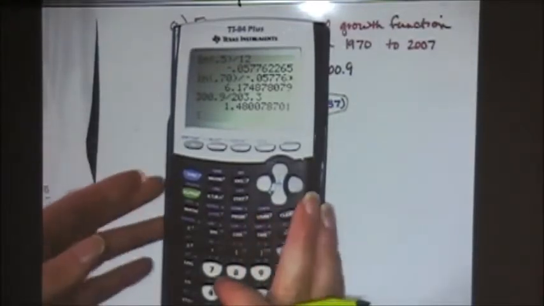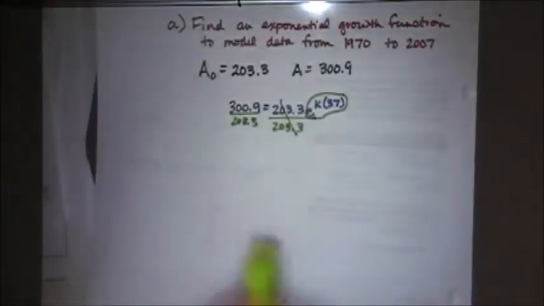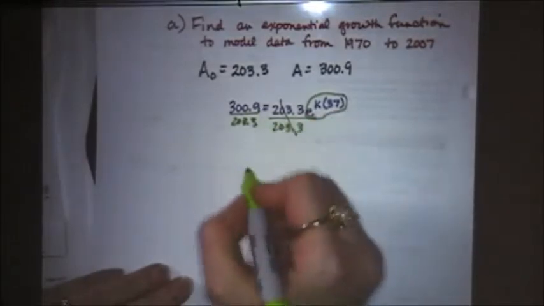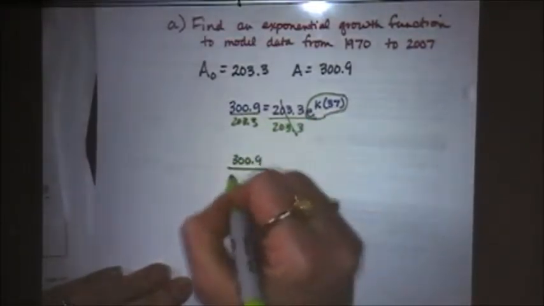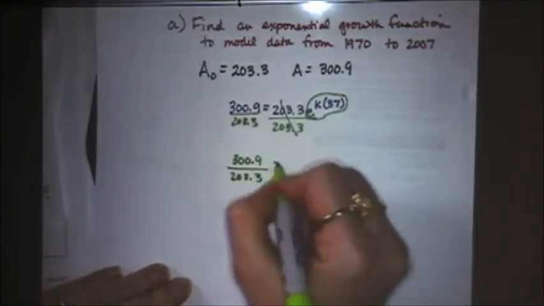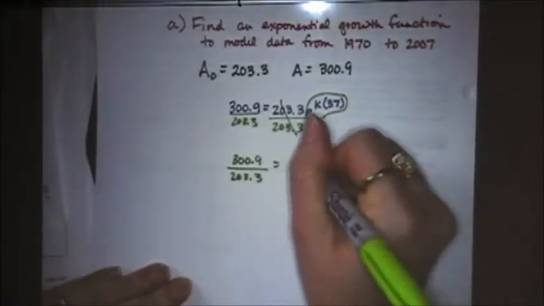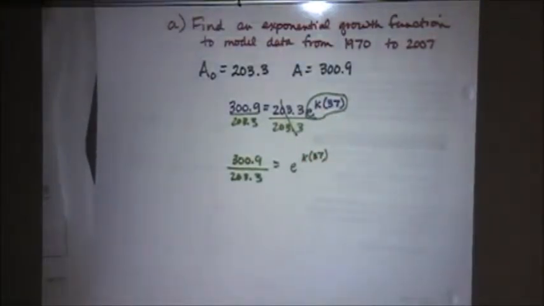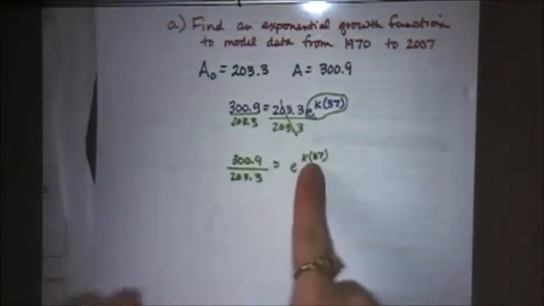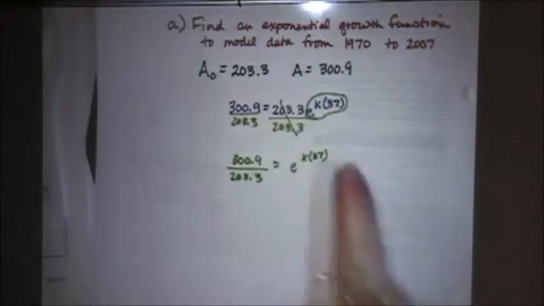I'm going to leave that value in my calculator and use it here in just a minute. So I have now this value, which I've left in my calculator, equals e to the k times 37. Now remember, I need to get that down on the line. It's up in the exponent. I need it down on the line, so we're going to use a logarithm to do that.